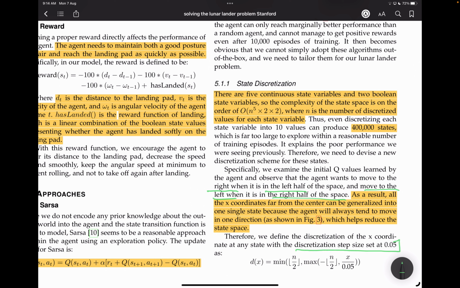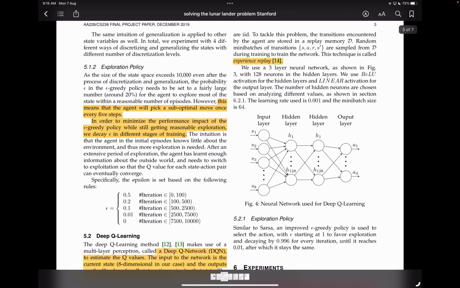Next up is the exploration policy. The state space size exceeds 10,000 even after the discretization and generalization. So this greedy policy needs to be set to a fairly large number for the agent to explore most of the states, right? However, this means the agent will pick a suboptimal move once every 5 steps.